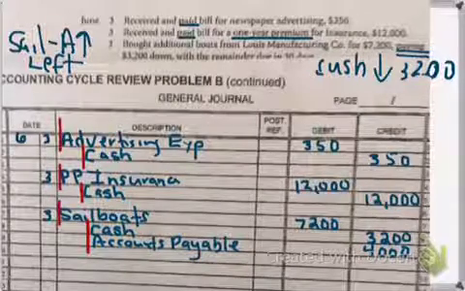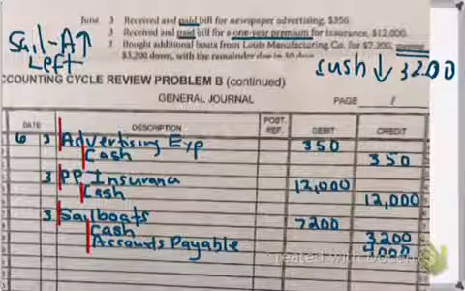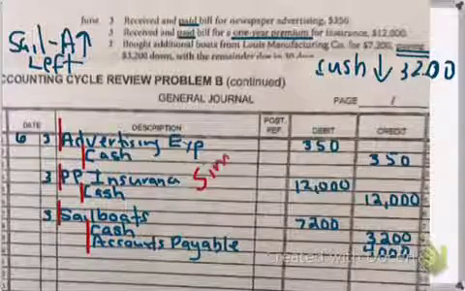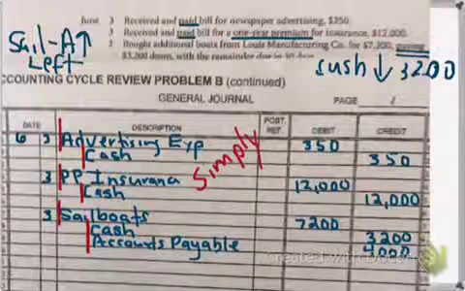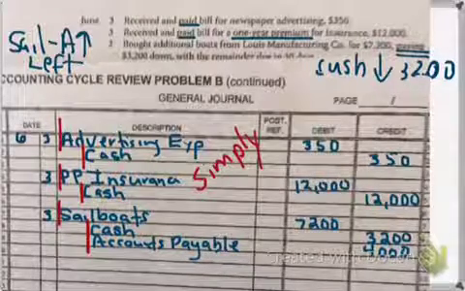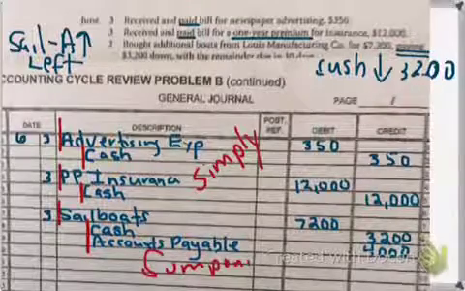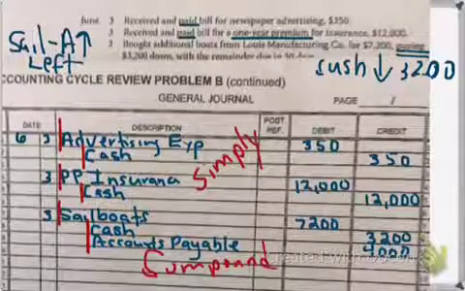The other thing I want you to see is my total number here for my debits. Now these are what we call what? These were the simple entries because we only had one debit and one credit. This one is a compound entry because we have one debit and two credits.